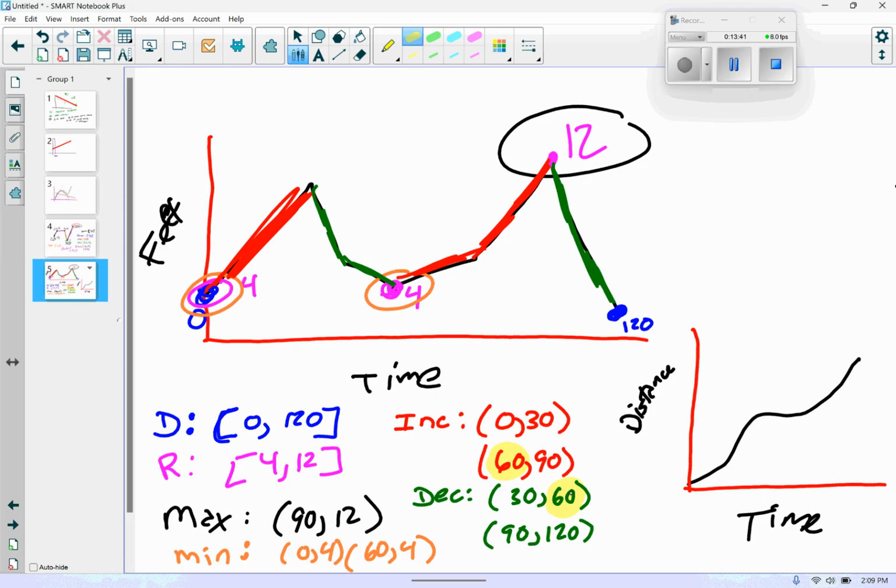So, we don't have to know this yet, but it's a perfect time just to take a little moment to discuss why I'm using parentheses. When you use a parenthesis when you're talking about increasing, decreasing, a lot of times they will refer to that as a soft bracket, that means that the point is not included.